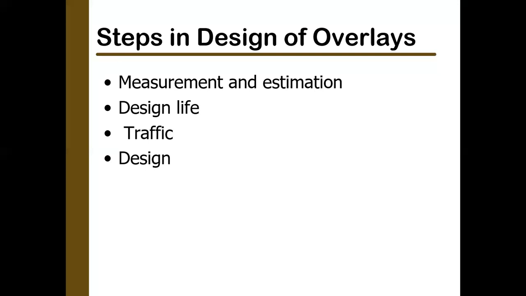And when I mean pavement condition index survey, I mean observing the various types of distresses on the pavement, like potholes, rutting, raveling, reflection cracking, alligator cracking, to name a few, and following the procedure to estimate the pavement condition index.